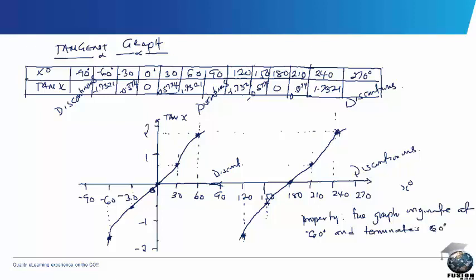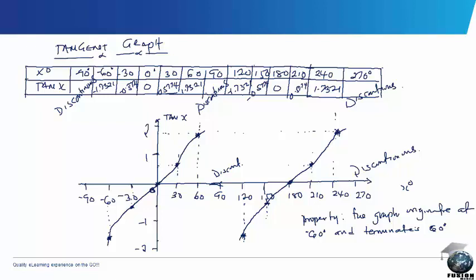The difference there is that from negative 60 to positive 60 it terminates. You can also look at it that the graph terminates after 5 points.